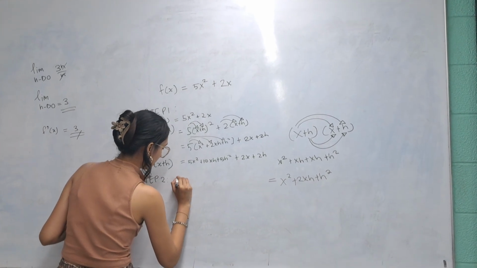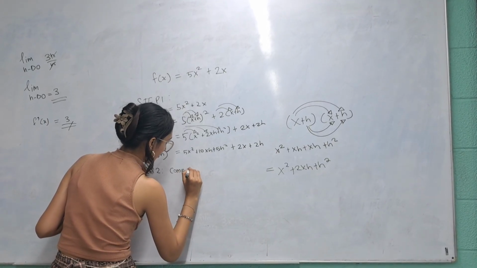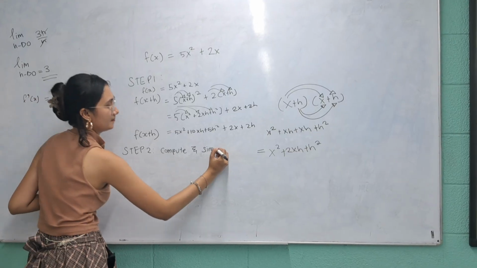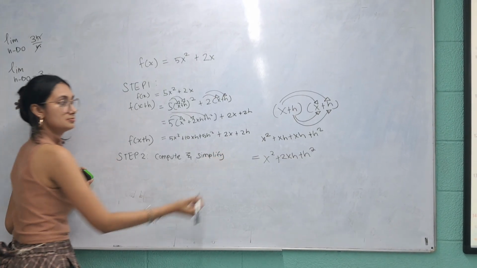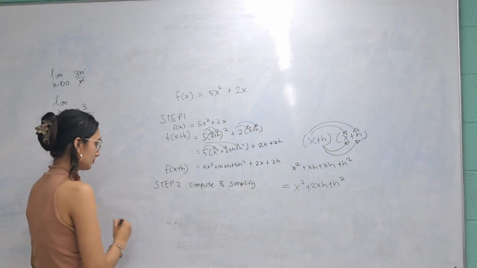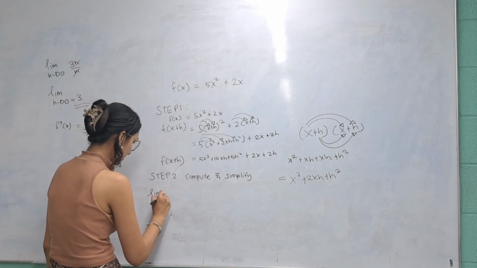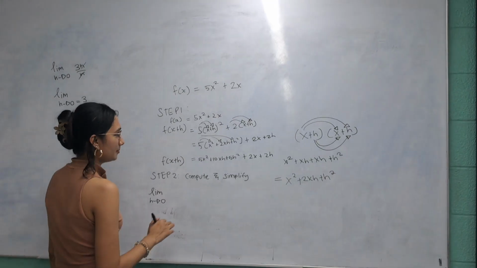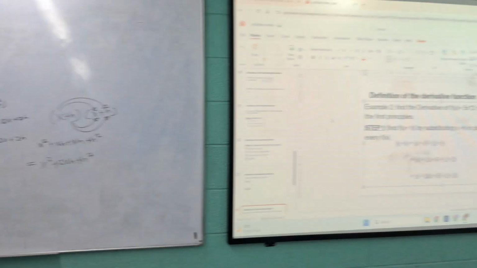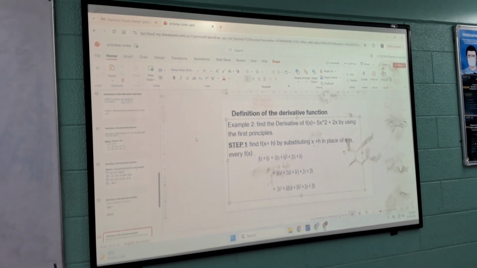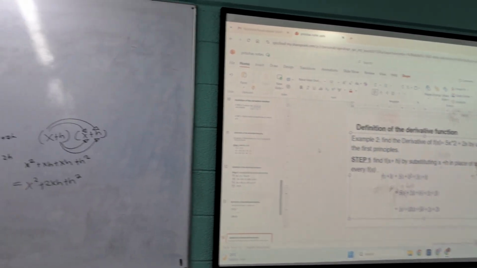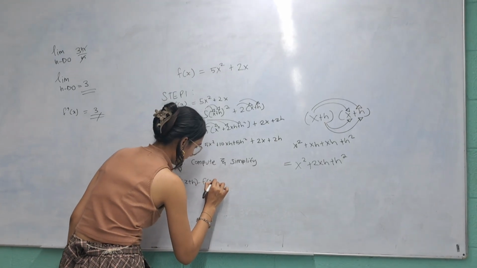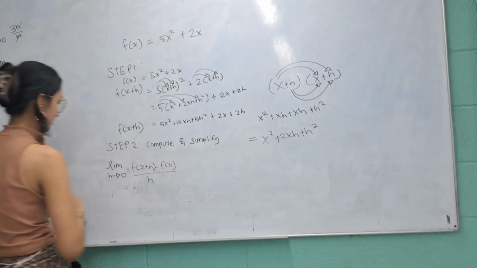Step 2, we will compute our formula and simplify. So limit as h approaches 0. Do you remember the formula we derived from the definition of the derivative function? We are going to use the same formula, which is f of x plus h minus f of x divided by h.